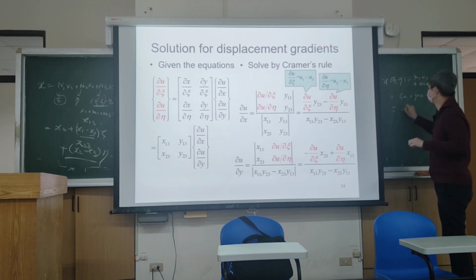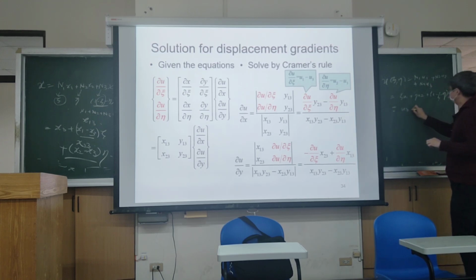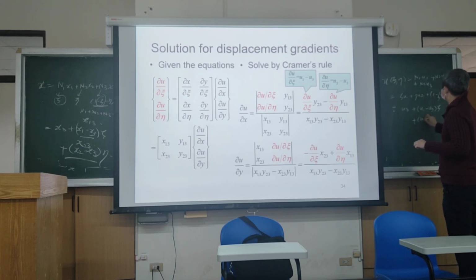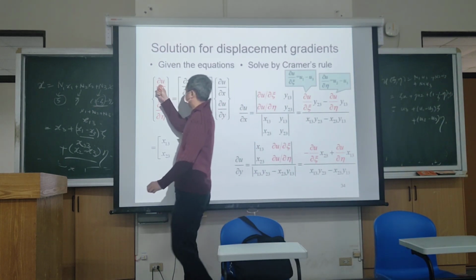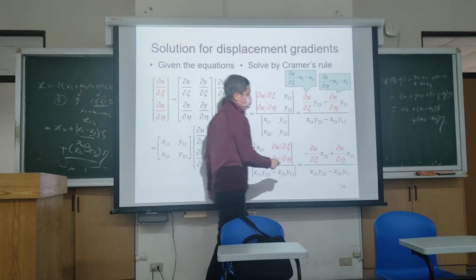So your expression is u3 and then plus u1 minus u3 times psi plus u2 minus u3 times eta. Okay?